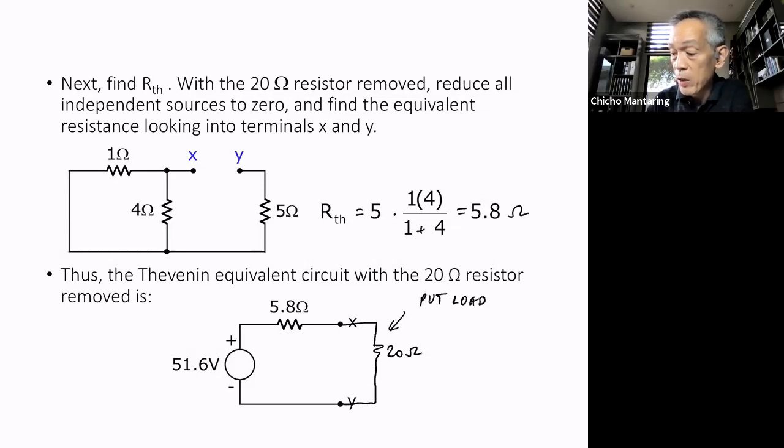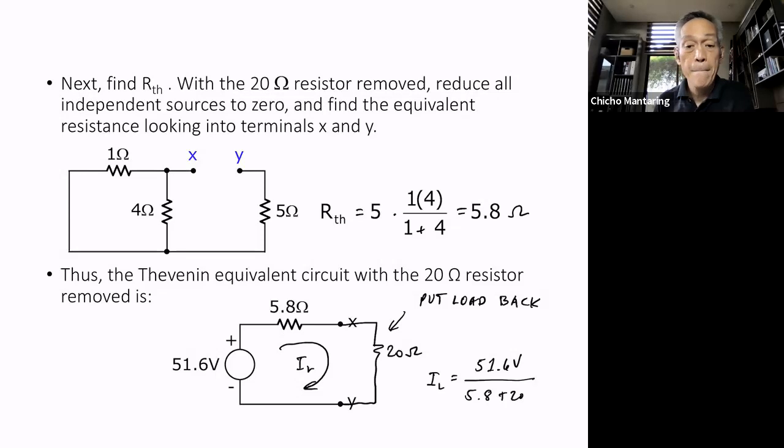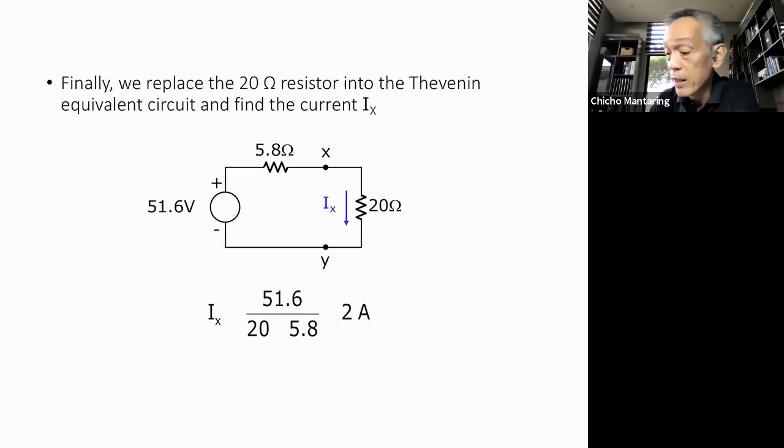Now it is easy to compute the load current. My load current is just 51.6 volts divided by 5.8 plus 20, which is exactly equal to 2 amperes. Any questions? The answer is here.